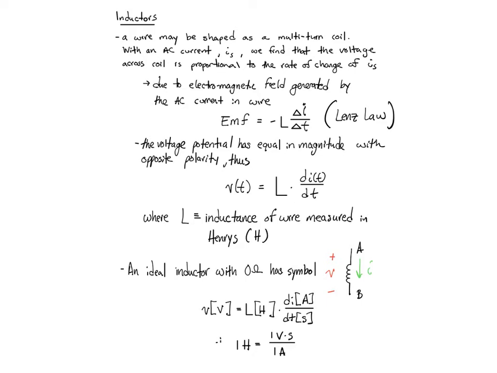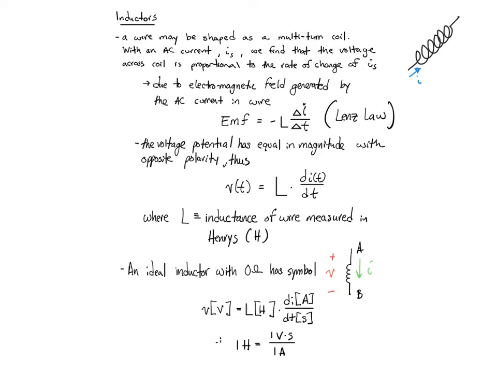And so what we're doing is amplifying this effect in a sense by creating a multi-turn coil, such that the magnetic field that is created about this wire as current is going through it is kind of condensed into a physical space that is slightly smaller, such that the magnetic field increases to the point that we can utilize it to store energy.